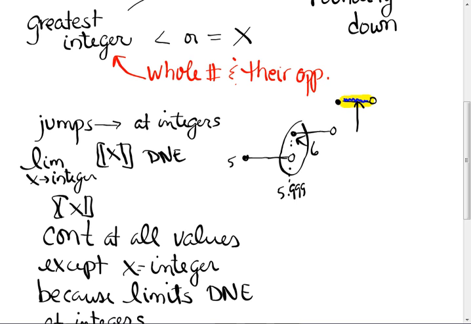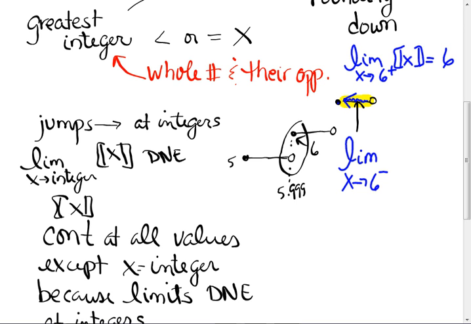Matter of fact, in particular, if I come from the right, that's actually equal to the value, isn't it? If I take the limit as x approaches 6 from the right side of my greatest integer function, that equals 6. What if I take the limit as x approaches 6 from the left side?